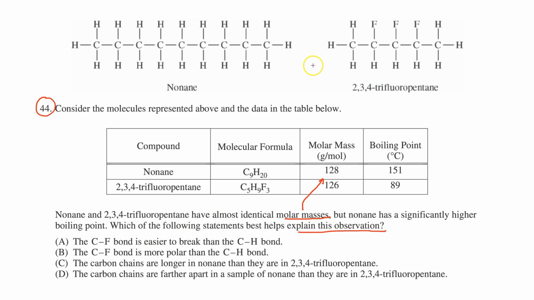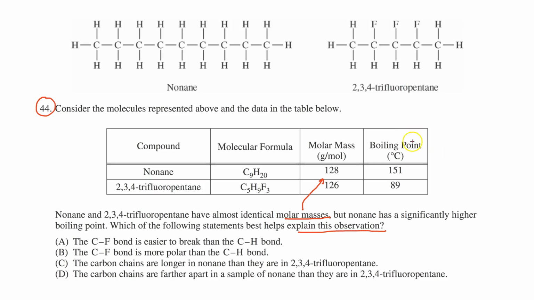Well, we should answer, if this was a part 2 question, that nonane has LDF forces only, and 2,3,4-trifluoropentane has LDF forces and dipolar forces. So this one should collectively have more forces. Because it has two forces collectively, you would think 2,3,4-trifluoropentane would have a higher boiling point.